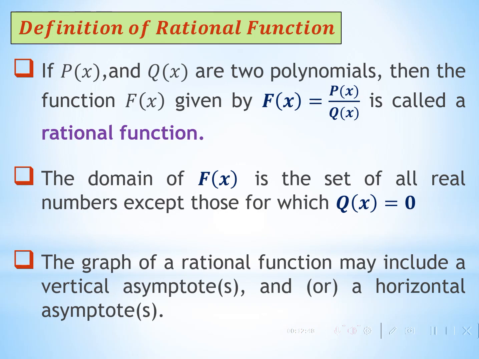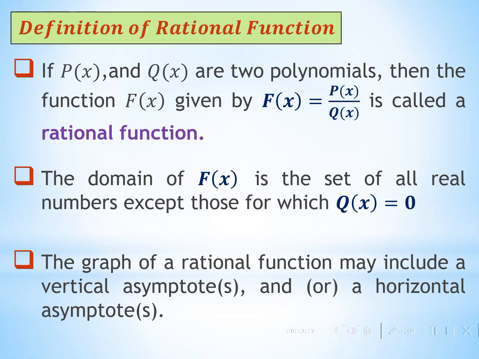In a rational function, we may have vertical and or horizontal asymptotes, meaning the rational function may have only one vertical asymptote, more than one vertical asymptote, a horizontal asymptote, or neither vertical nor horizontal asymptote. All these depend on the definition of vertical and horizontal asymptotes and how to calculate or find both of them.